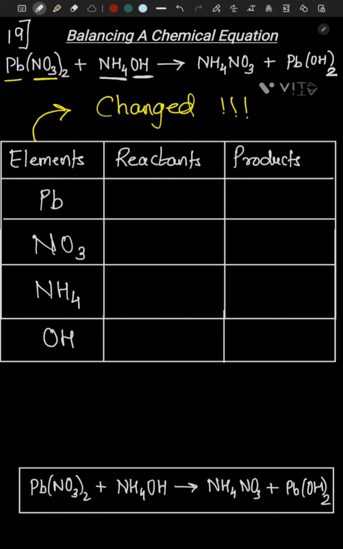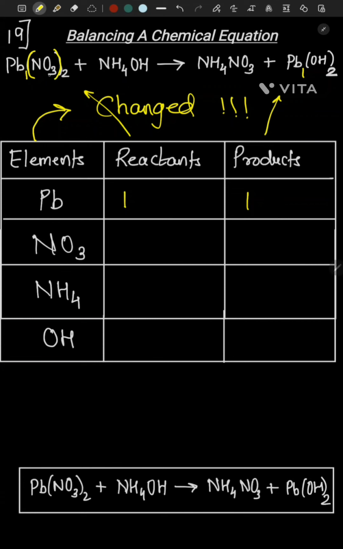And now I am going to see how many of them are present on the reactant and on the product side. On the reactant side, I find lead as 1, so I will write 1. On the product side, I find lead also as 1, so I will write 1. Then nitrate. If you see, nitrate is in the bracket, right?